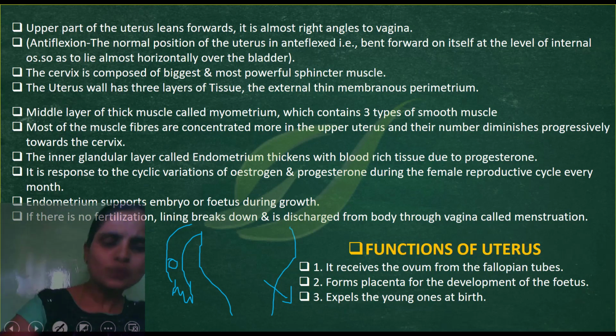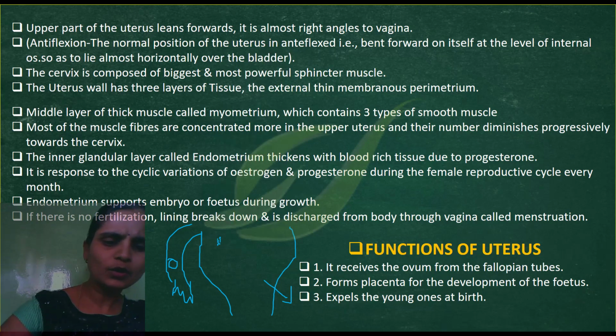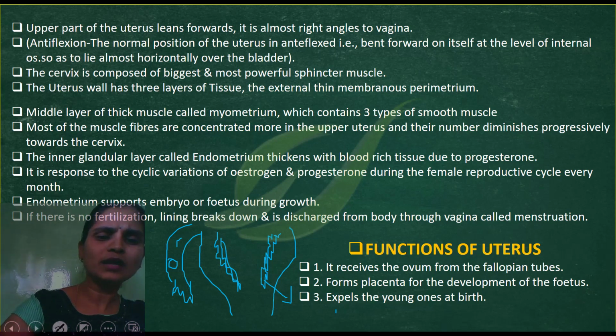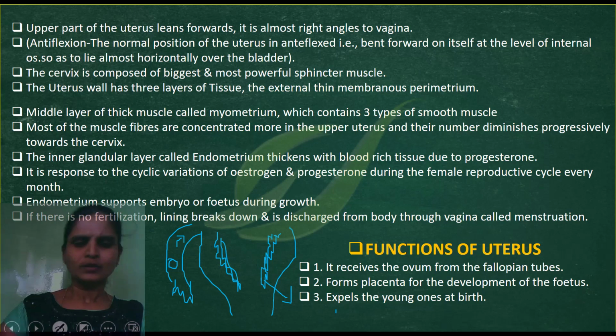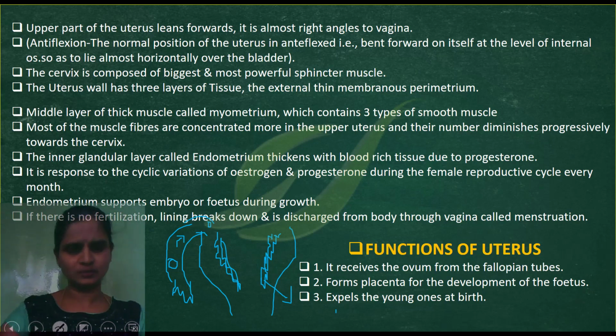So the uterus will thicken the endometrium. I am writing only endometrium here. The inner wall becomes more thick, thinking that it should give place for implantation, for the embryo to grow.